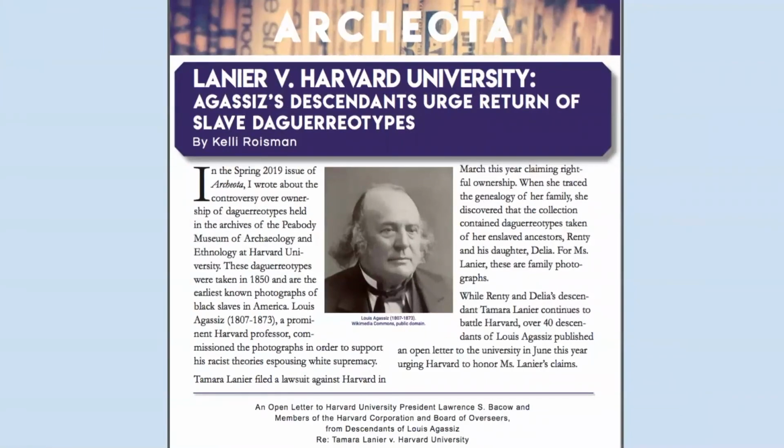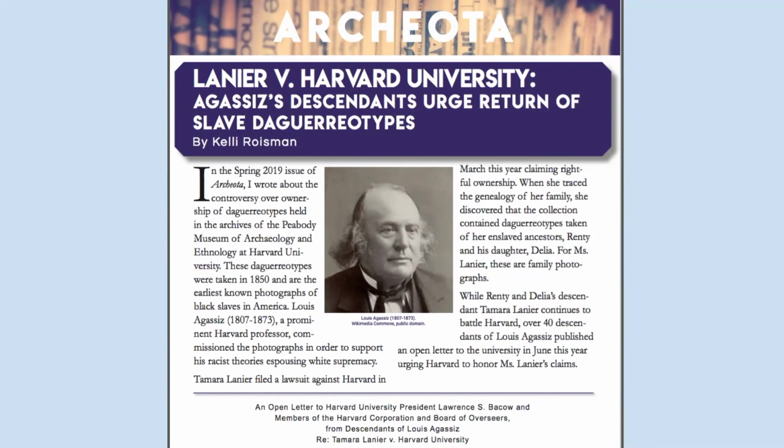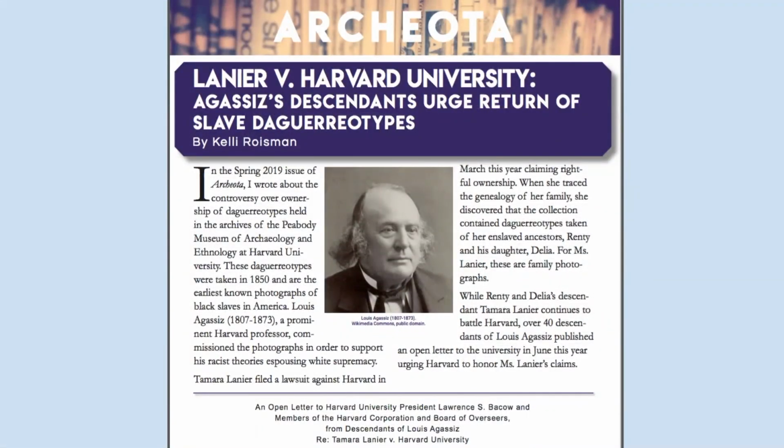I wrote an article in the spring issue about slave daguerreotypes that are held by Harvard University. A woman lodged a lawsuit against the university. She traced her genealogy, and the father and daughter who are depicted in these photographs are her relatives.